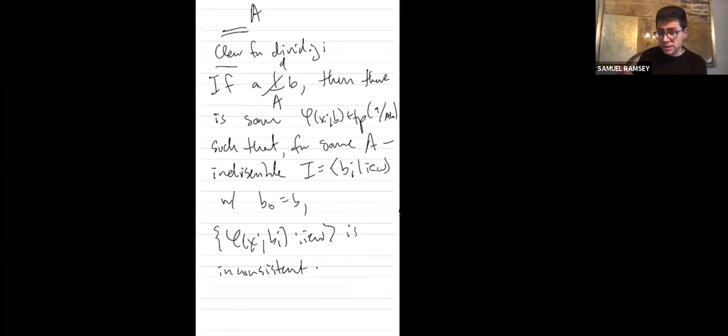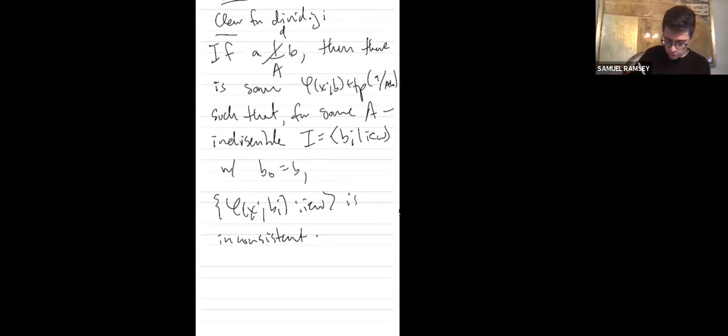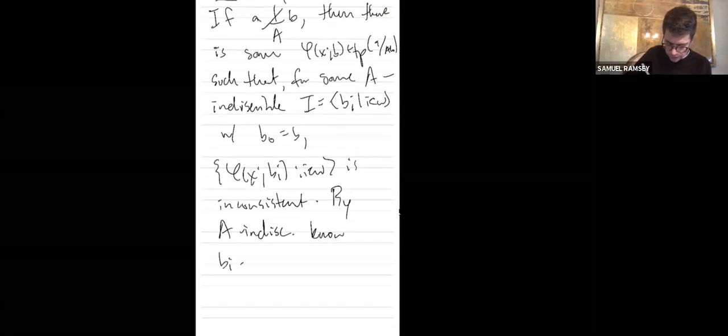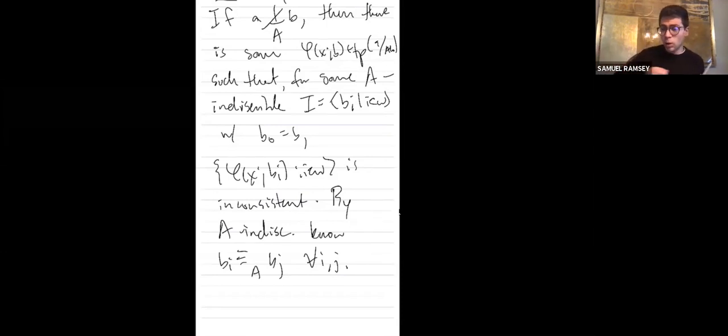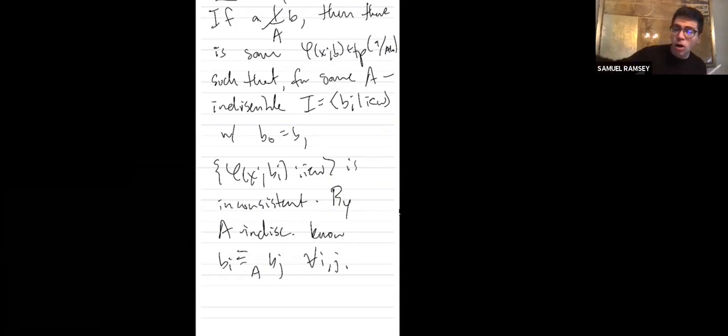Now, because it's an A-indiscernible sequence, by A-indiscernibility, we know that b_i has the same type over A as b_j for all i and j, right? I mean, if you move along an indiscernible sequence, then all the elements have, in particular, the same type. But what does it mean to be invariant? It means that if one formula goes in the type, then all of the other formulas that are defined with the same formula and parameters with the same type go in the type as well.